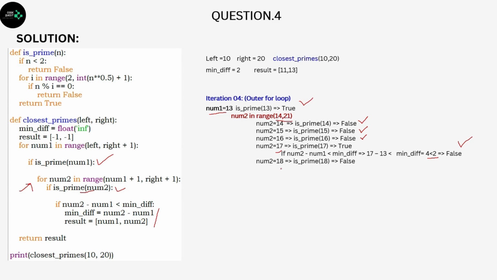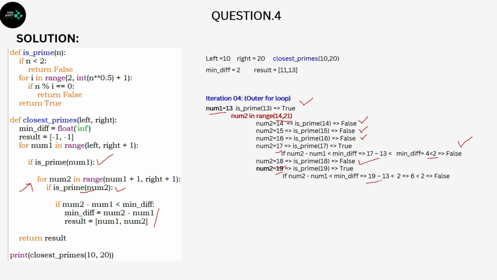Moving on to num2, the next value is 18. Once again it is not a prime number, so I am going to get false for that. And for 19, once again the prime function returns true. Now we will calculate num2 minus num1. What is num2 holding? 19. What is num1 holding? 13.